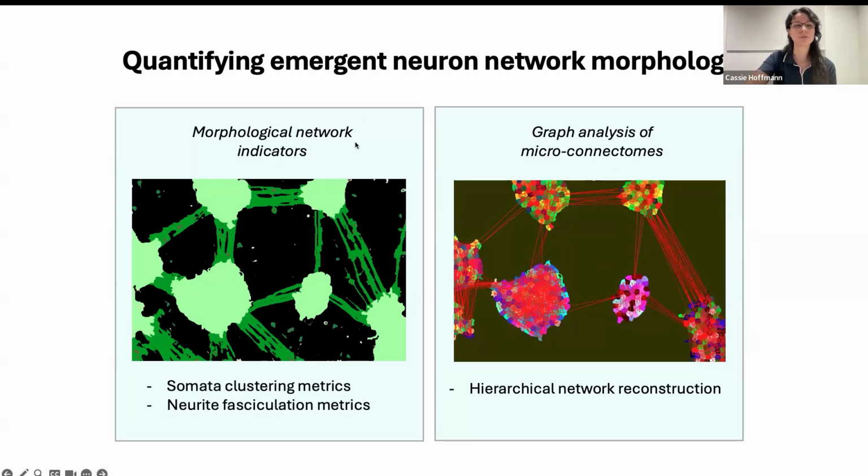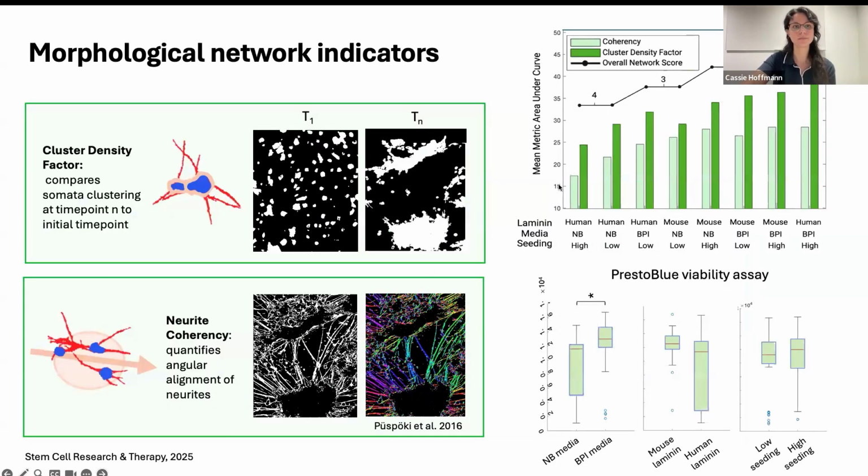I'll touch really briefly on the morphological network indicators. I've just got one slide, and then I'll focus most of the talk on microconnectome building. I derived a range of indicators, and these are the two that pertain most closely to network organization. The first was the cluster density factor.